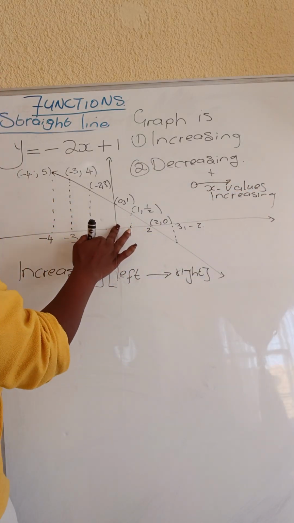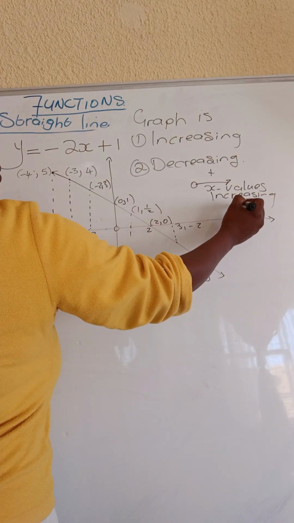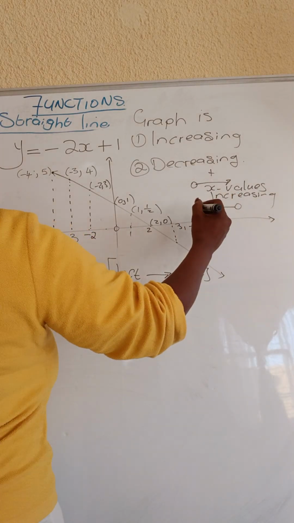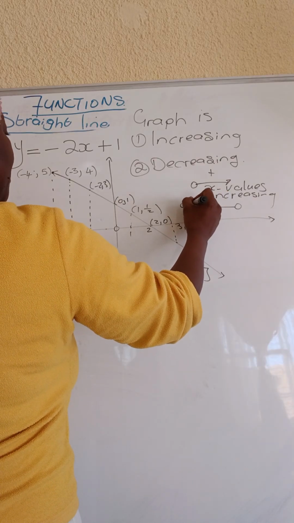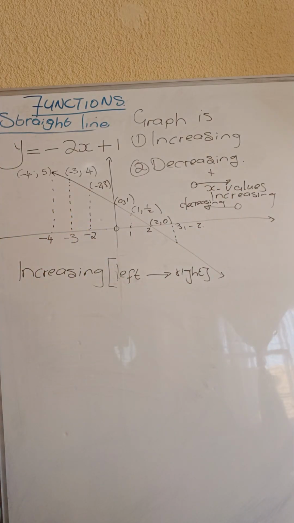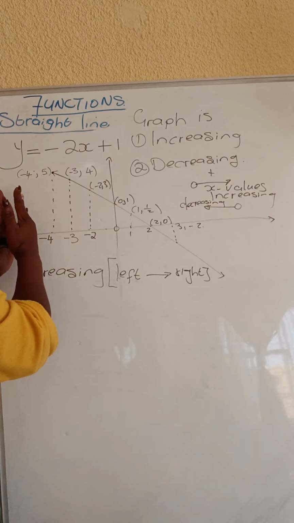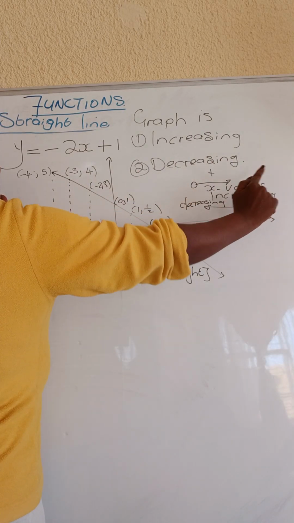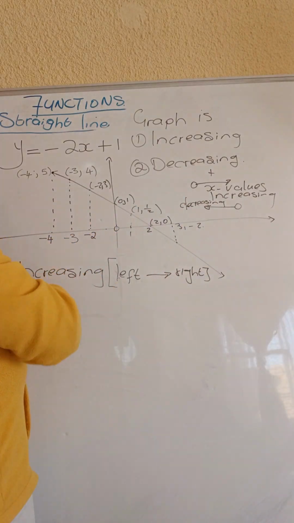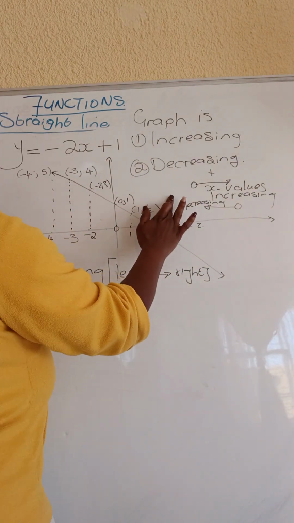And from 0 to the negative side, they are decreasing. Let me just say x values are increasing when I go to the right, and when I go to the left, the x values are decreasing.